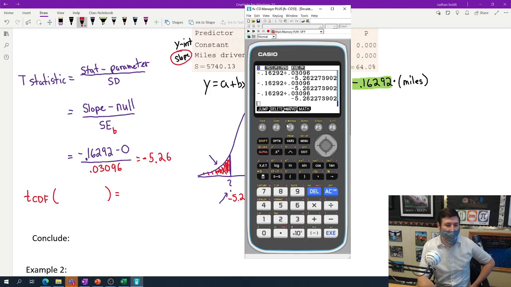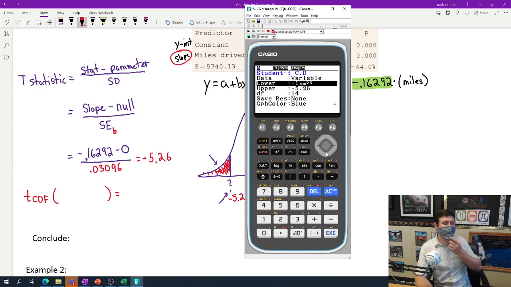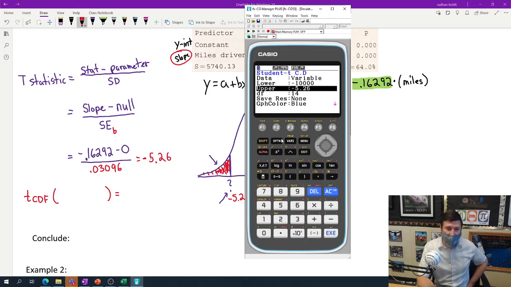Let's see. I'll do it on the Casio first, then I'll pull up the 84. I need to go to distribution, TCDF. My lower value, I want the area to the left, so that's going to be a really big negative number. My upper value, that's my boundary, negative 5.26. My degrees of freedom, oh, we still have to do that, don't we?